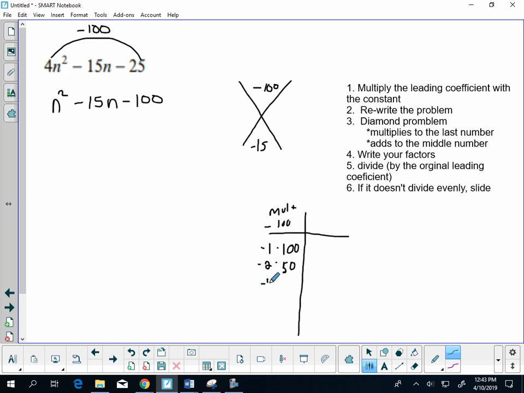Negative 4 times 25. And what we're trying to do is find something that adds to negative 15. That's a no. That's a no. Negative 4 plus 25 is 21, so that would be a no.